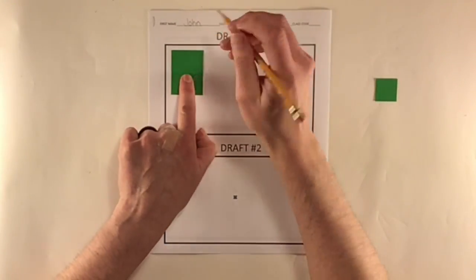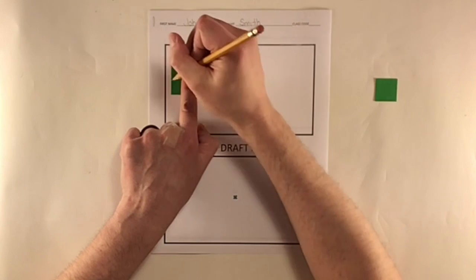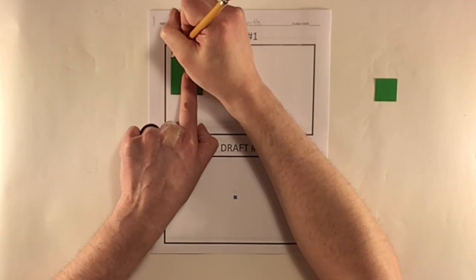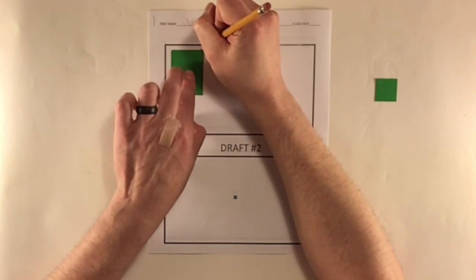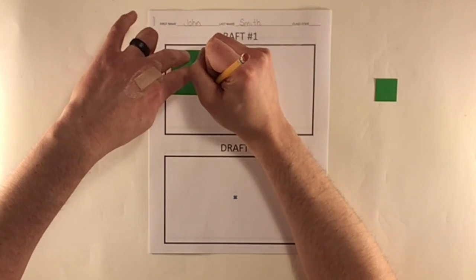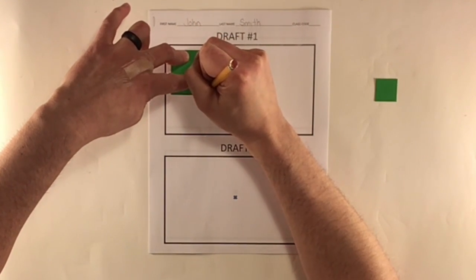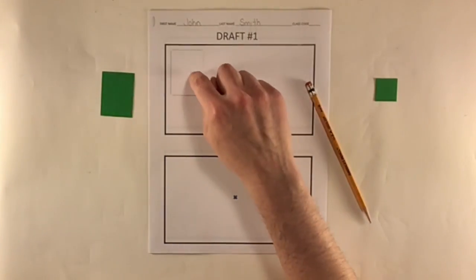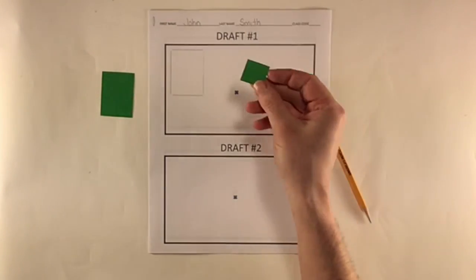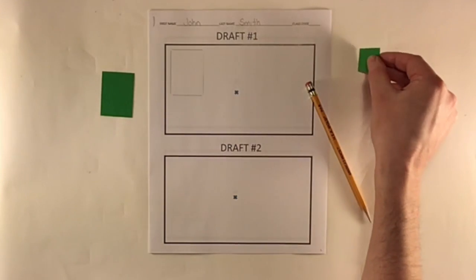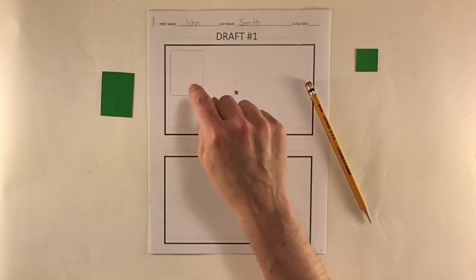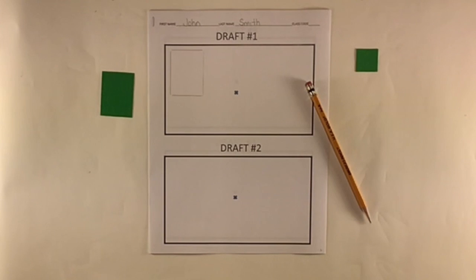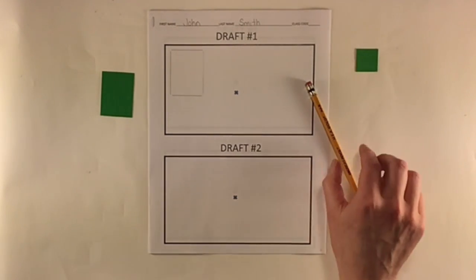Once you have it lined up, hold down the stencil and gently trace around all 4 sides. And this is an area that I know that I'm not going to be putting one of my smaller boxes, and this is where one of my images that I'm going to be drawing is going to go later.